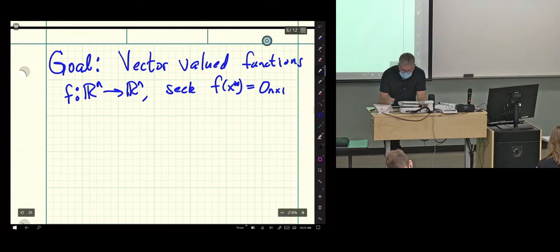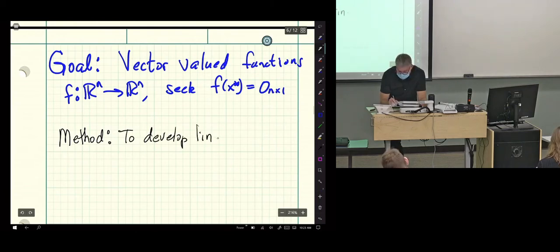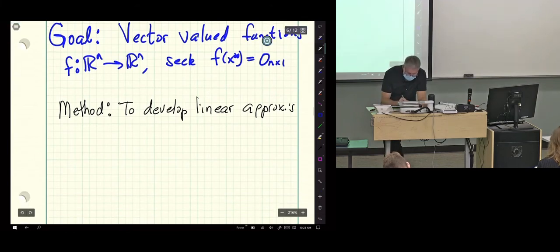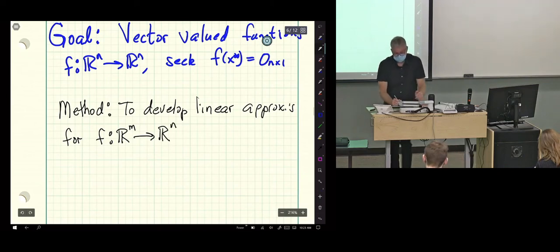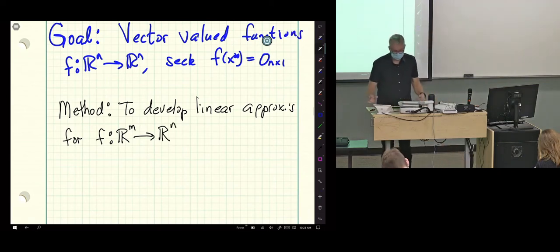Our method will be to develop linear approximations, and we'll go ahead and do it when the size of the domain is different than the size of the codomain. M and N are different from each other.